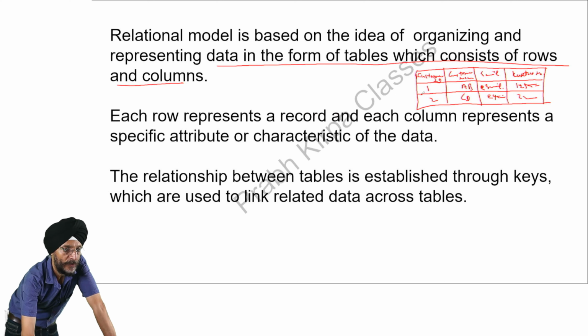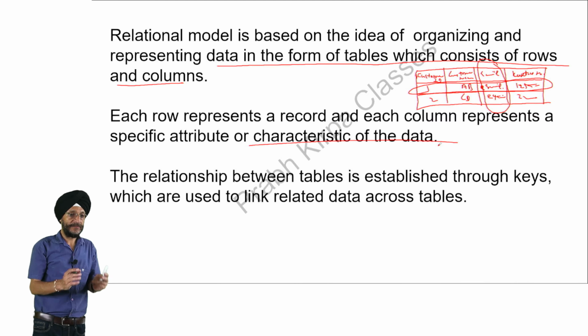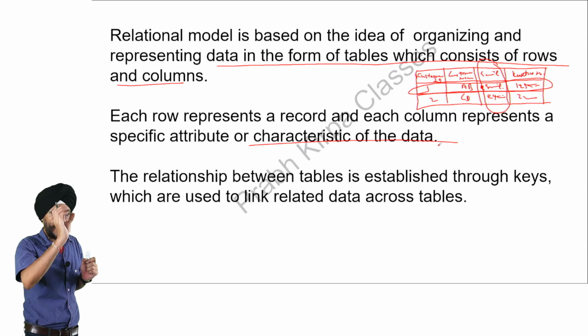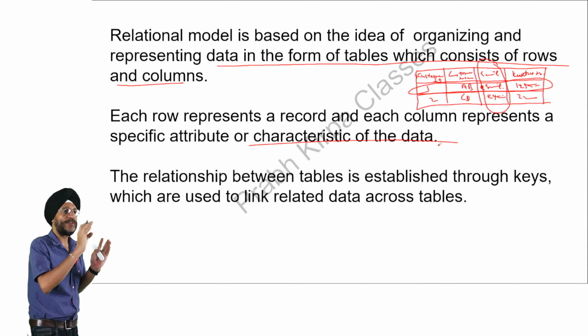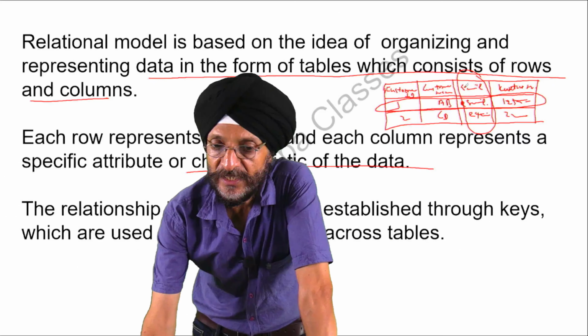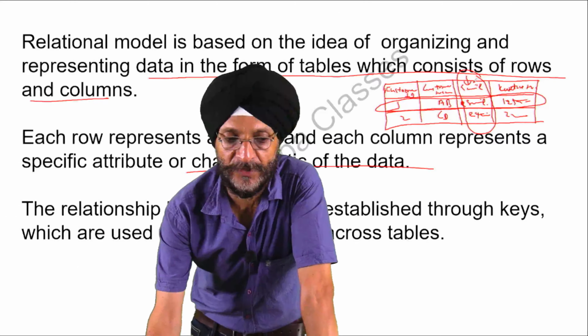So each row represents a record and each column represents a specific attribute or characteristic of the data. Here the table shows customer data, and this column represents the email of each customer.